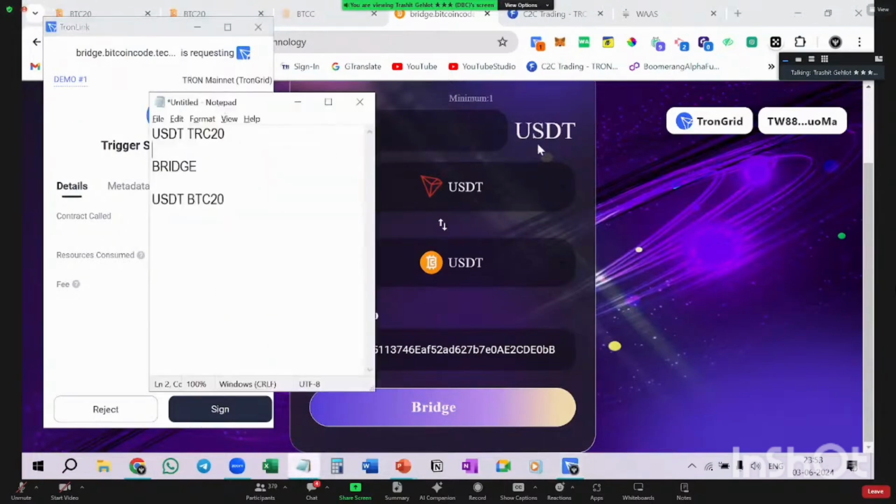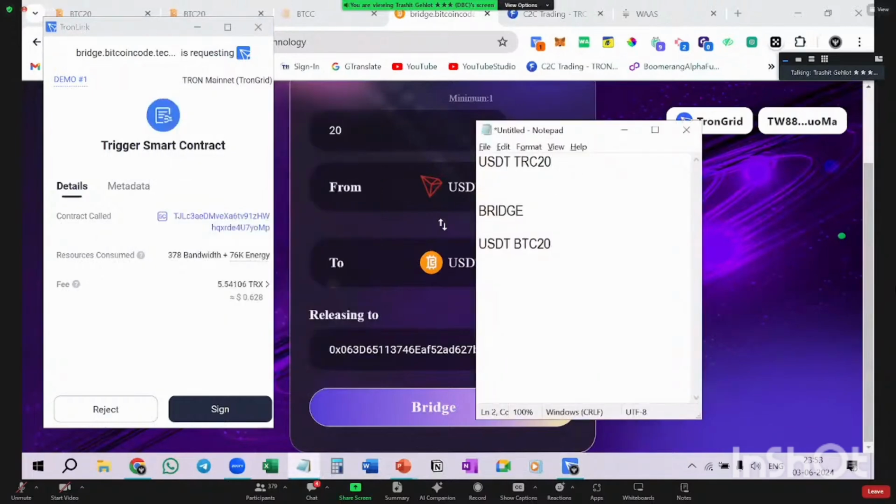Initially, it was almost 33, 34 something, right? So now it's just 5.54 TRX. And you paid almost 6.4 something TRX for energy, right? And this is the gas fees.